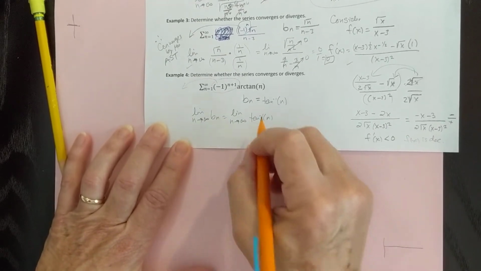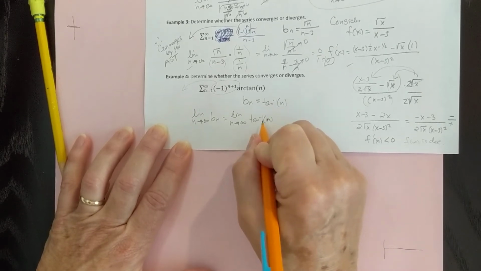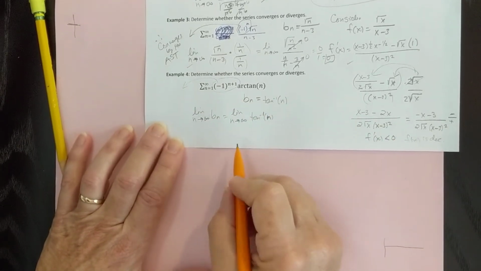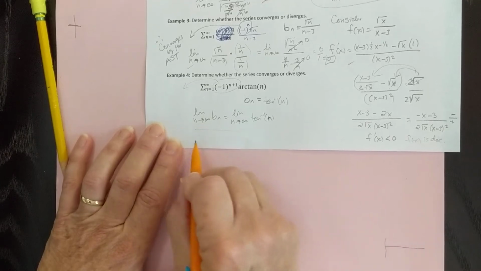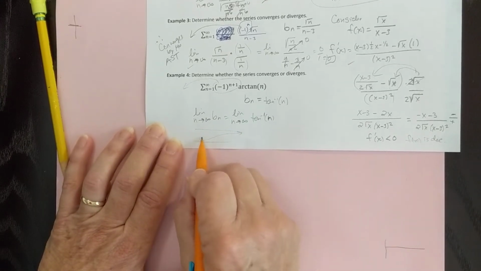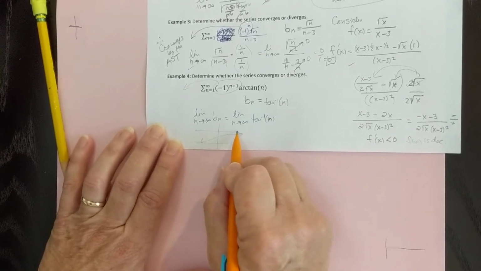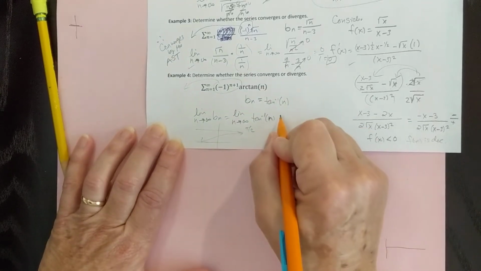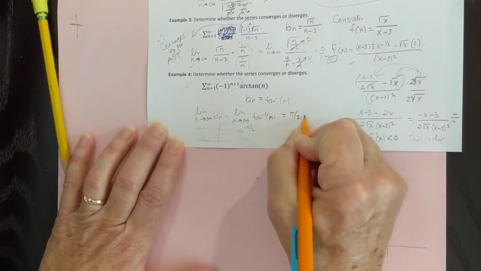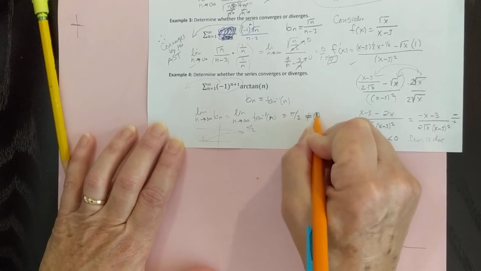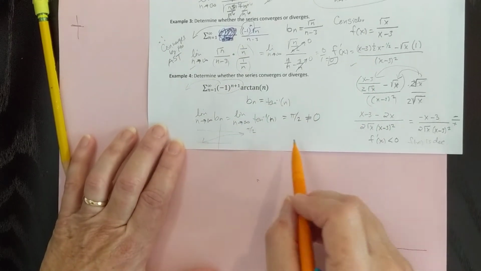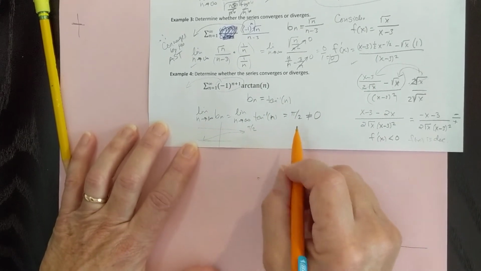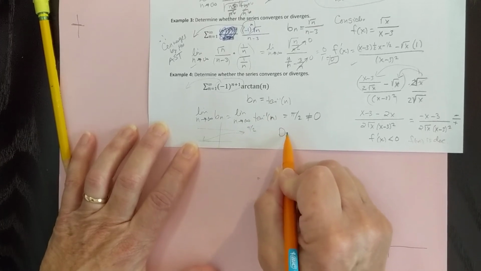We've looked at this in earlier videos, and we know that as n goes to infinity, tangent inverse is headed up to the value of pi over 2, which does not equal 0. So by the test for divergence, this series will diverge.